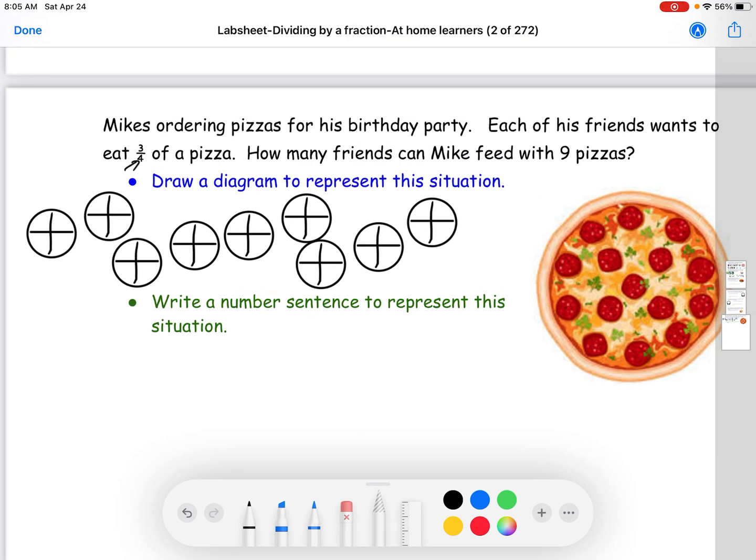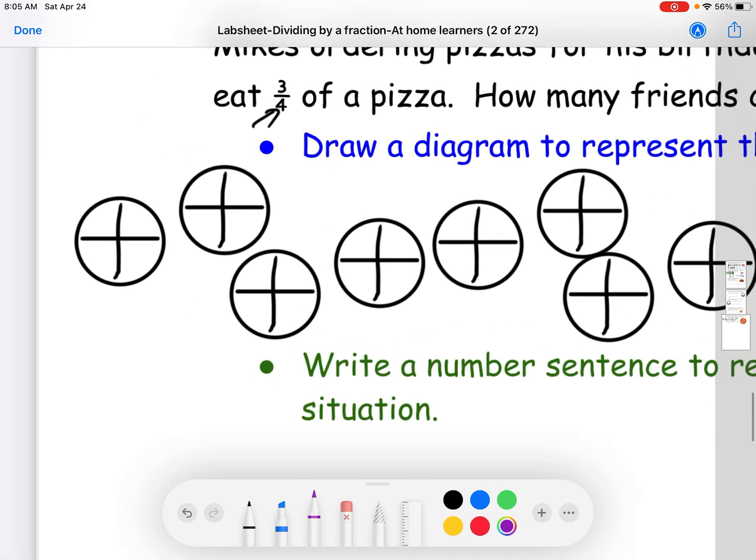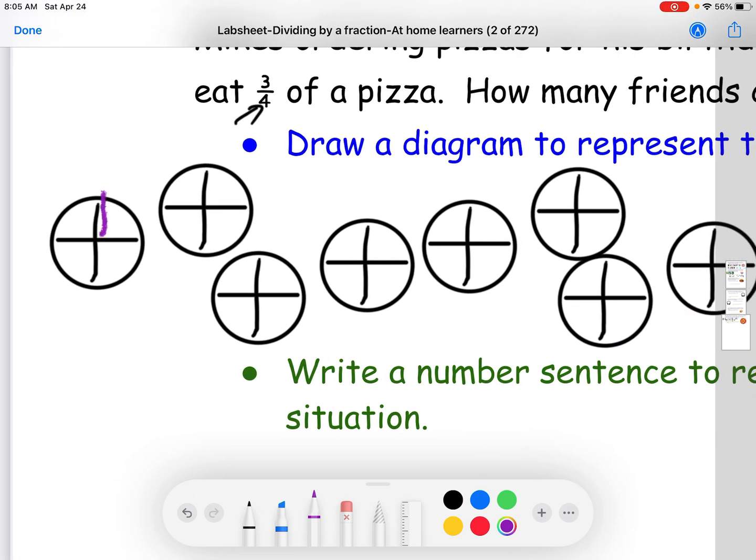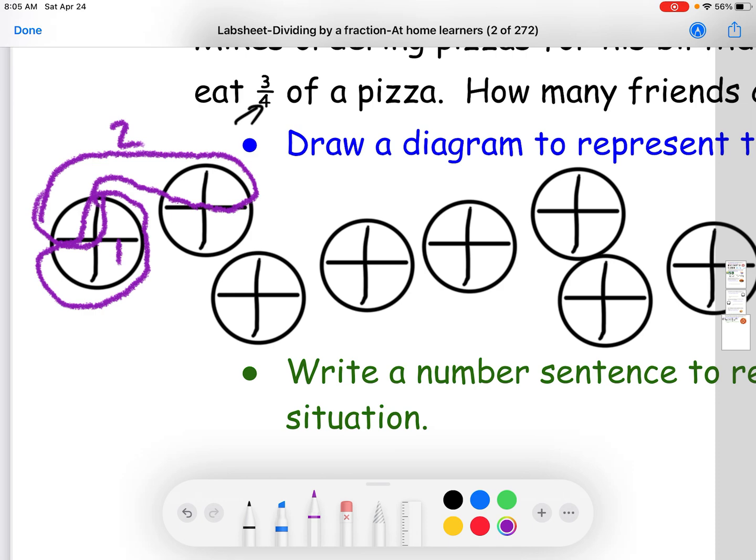And so now we need to break them into 3/4 of a piece of pizza. So I'm going to circle them in those groups of 3/4. That is 1. And then we got 1. And I'm intentionally using the same color because that's what you would have if you were doing this on your own.